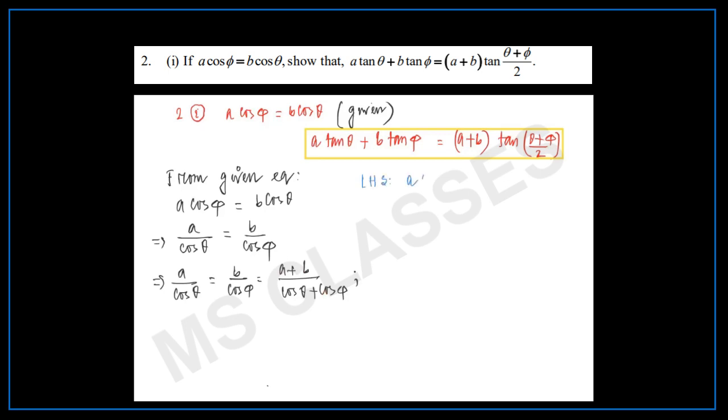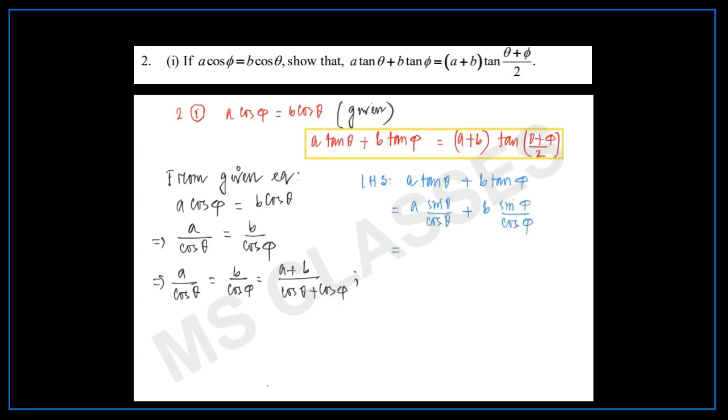Now we proceed from the LHS part. A tan theta plus B tan phi, so A sin theta by cos theta plus B sin phi by cos phi.